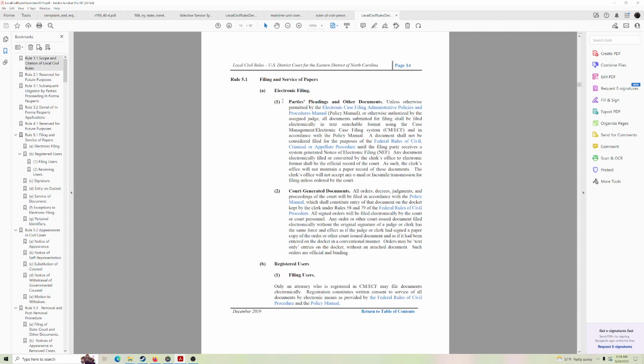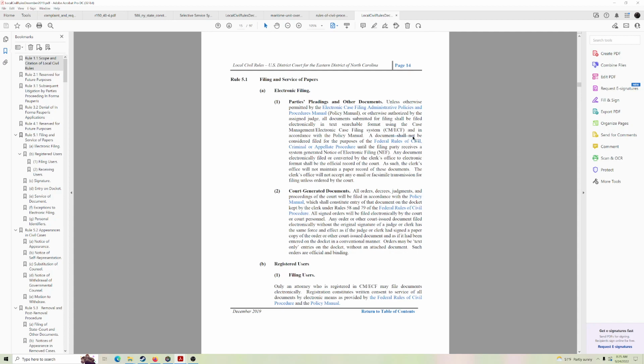A. Electronic filing. A1. Parties' pleadings and other documents, unless otherwise permitted by the Electronic Case Filing Administrative Policy and Procedure Manual, Policy Manual, or otherwise authorized by the assigned judge, all documents submitted for filing shall be filed electronically in text searchable format using the Case Management Electronic Case Filing System, CM/ECF, and in accordance with the policy manual.